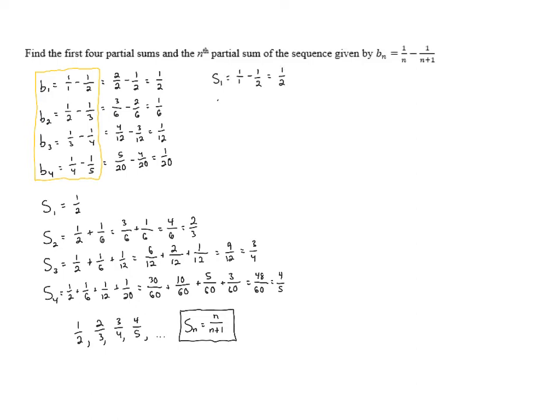For the second partial sum, we know that this is the sum of the first two terms of the sequence. I'm actually going to write it out like it is, 1 over 1 minus 1/2 plus 1/2 minus 1/3. And we actually notice that the negative 1/2 and the positive 1/2 are going to end up canceling.